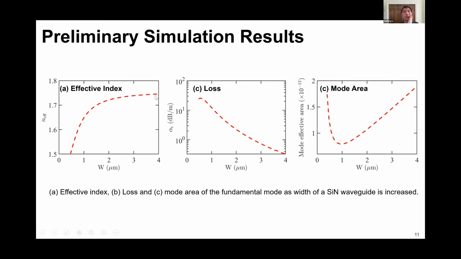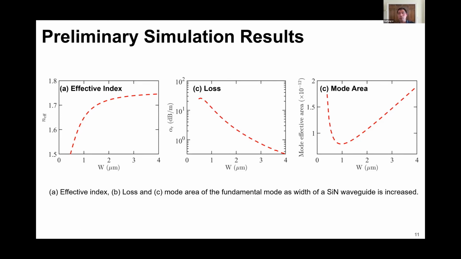So all these filter center frequency shifts are not going to happen anymore. On top of that, if you look at this, which should be B, the loss as a function of width, basically, most of the losses, at least in silicon nitride waveguide, come from the roughness of the sidewalls.